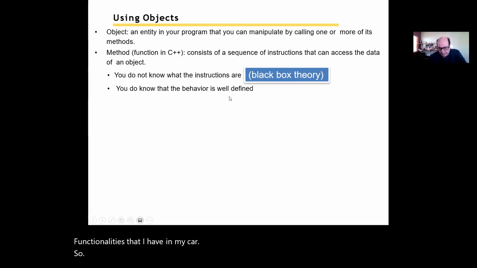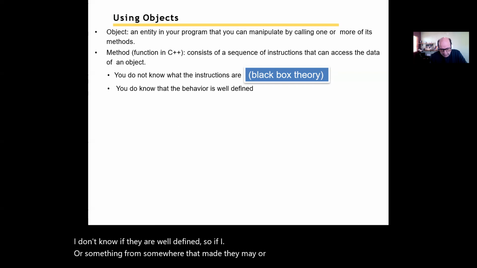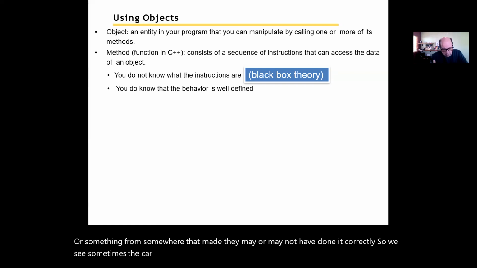I don't know if they are well defined. If I buy something from somewhere, they may or may not have done it correctly. So we see sometimes the car manufacturer sends us a defect notice.